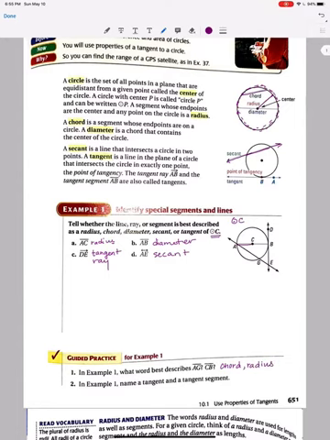There are an infinite number of radii in a circle. It goes all the way around. Name a tangent and tangent segment. So a tangent could be DE, like this. And a segment could be DB, because it's a segment like that.